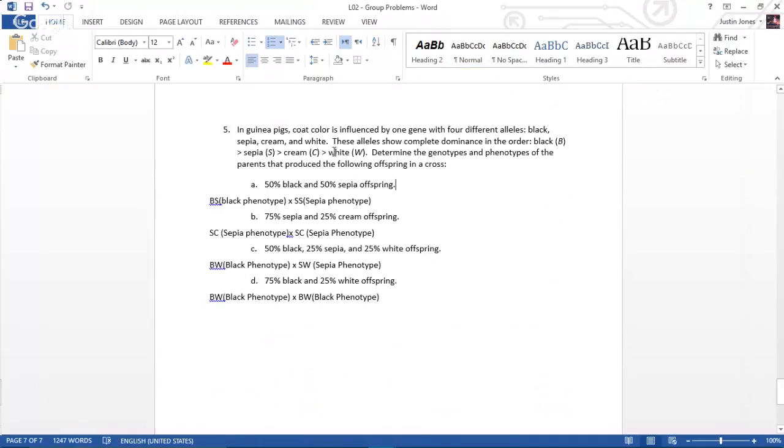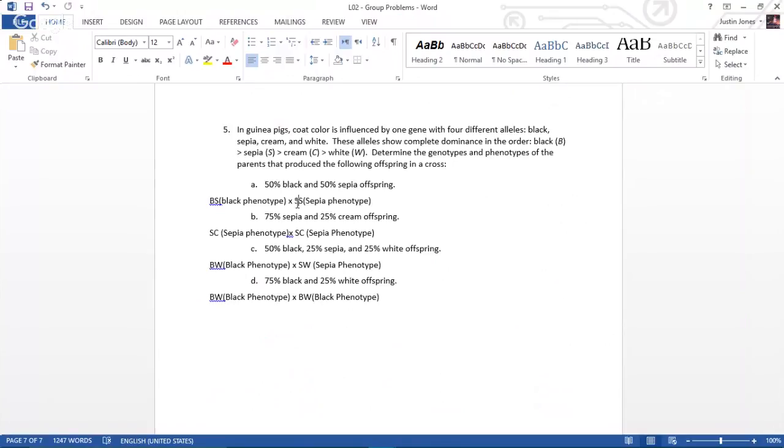And so you have to really think about this order where it's black, sepia, cream, and white, to determine dominance. So if you have offspring that are 50 black and 50 sepia, well, you know that there has to be a black in there. And so that's where you get one of the blacks, and then you have to have at least 2 sepias. I guess you could have maybe just one.